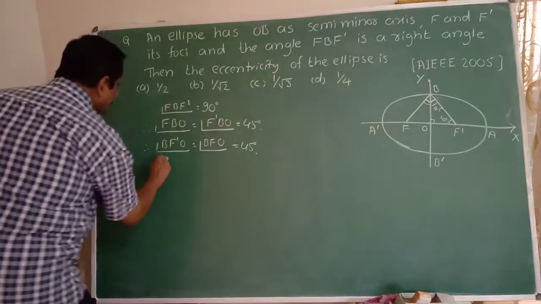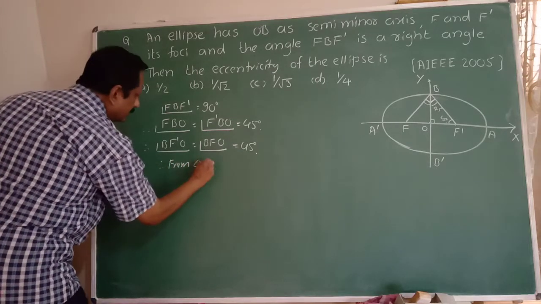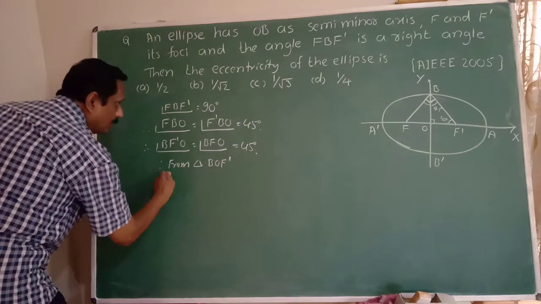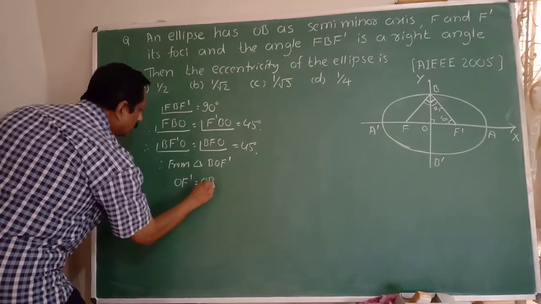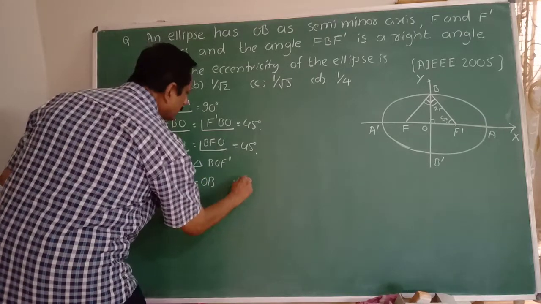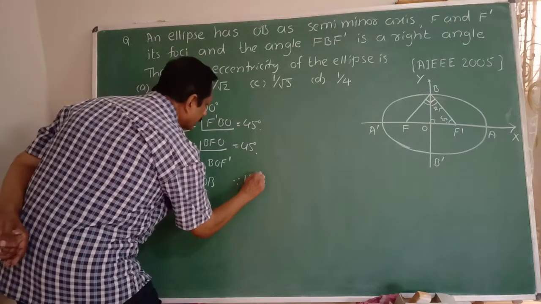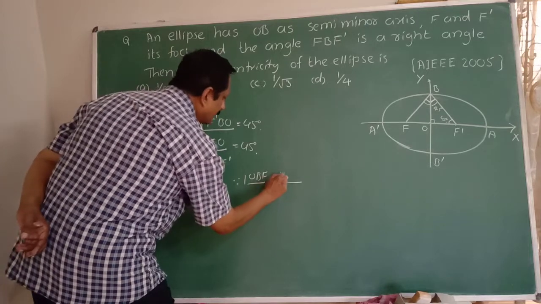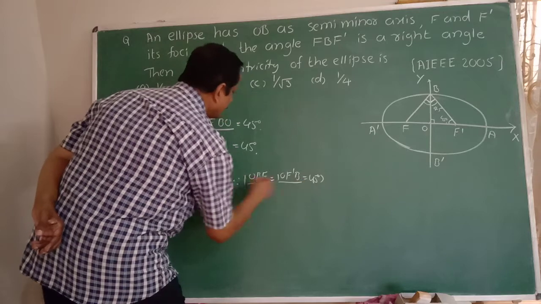Therefore, from triangle BOF dash, OF dash is equal to OB, because angle OBF dash is equal to angle OF dash B, which is 45 degrees.